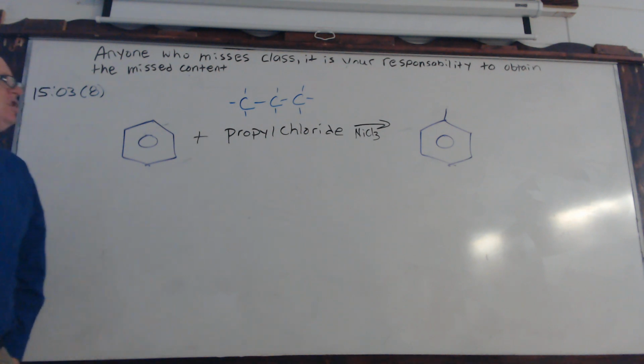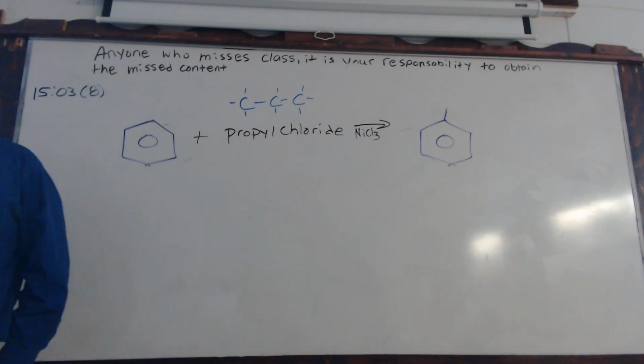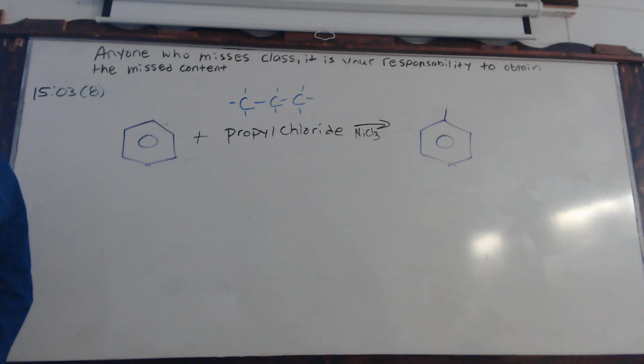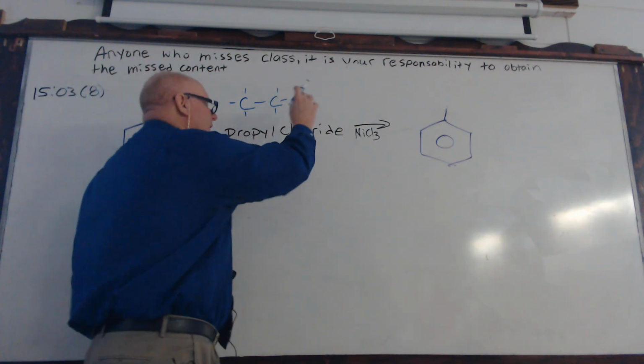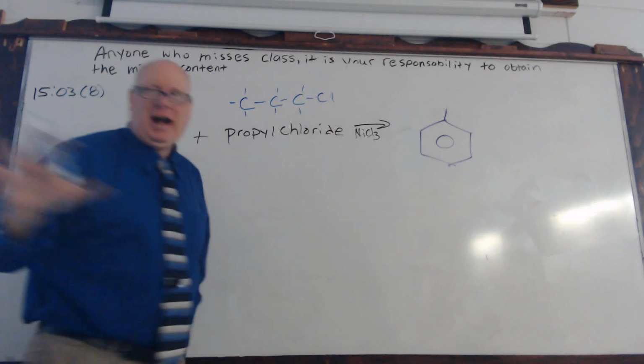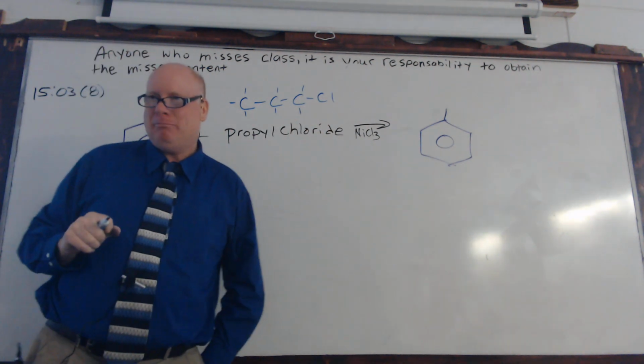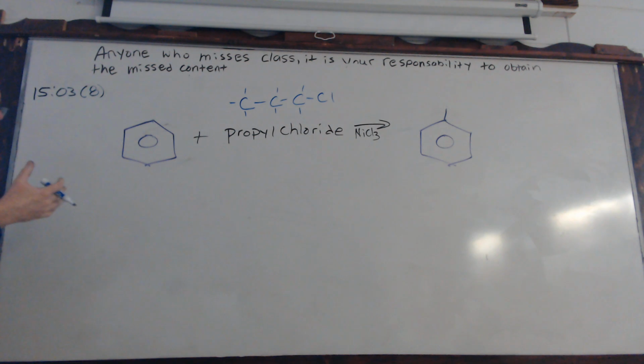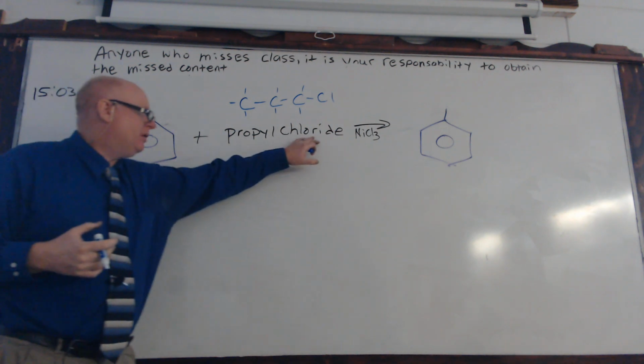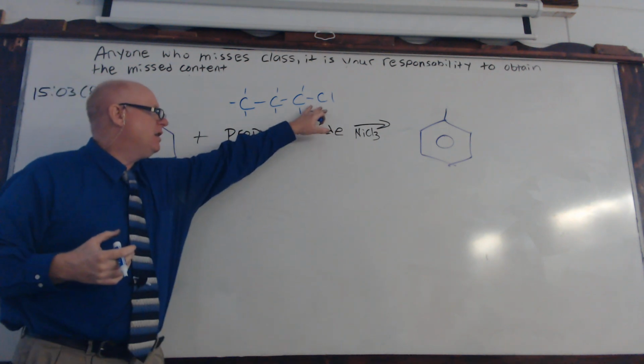But how could we change that to propyl chloride? Okay, that's in a manner of speaking, yes, but we wouldn't take it off. I know I'm being mean when I say that. We don't take the hydrogen off, we just replace it with that chlorine. So this would be our propyl chloride.